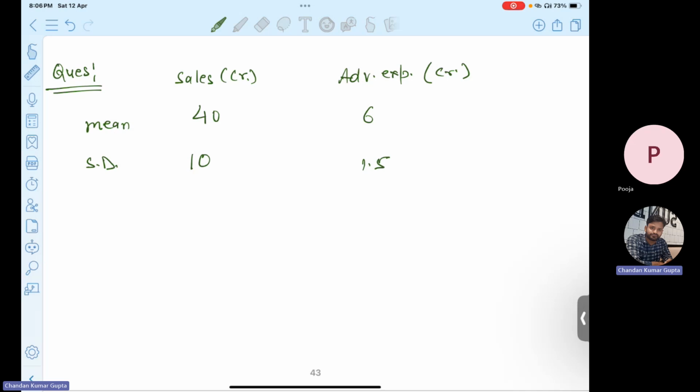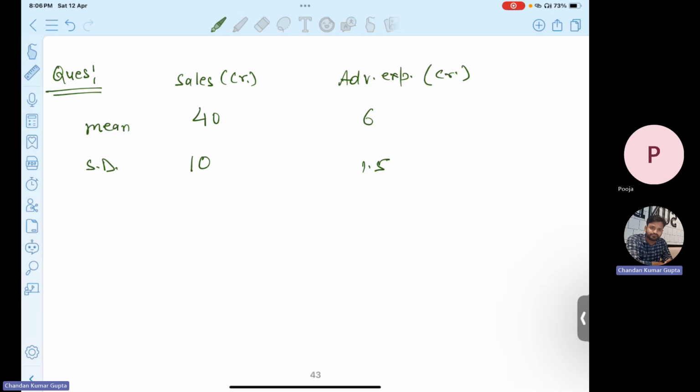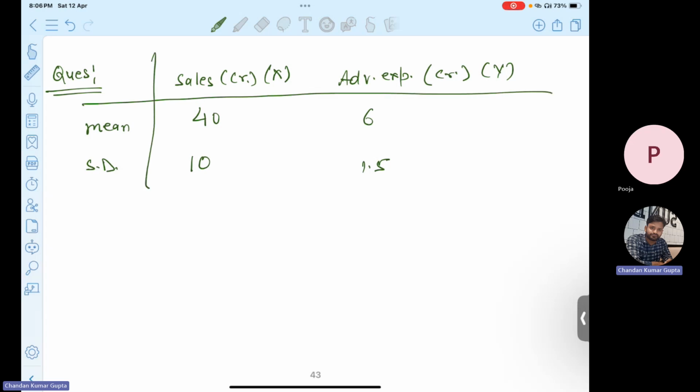Now we are given that the correlation coefficient calculated between the sales and the advertisement expenditure is 0.9. So suppose we have two variables, X is the sale and Y is the advertisement expenditure. Also, we are given the rho between X and Y is 0.9.